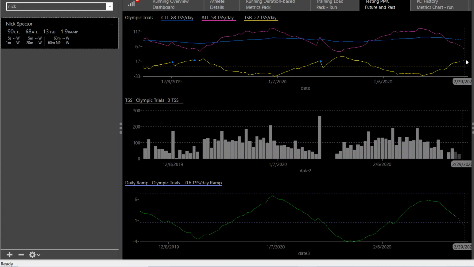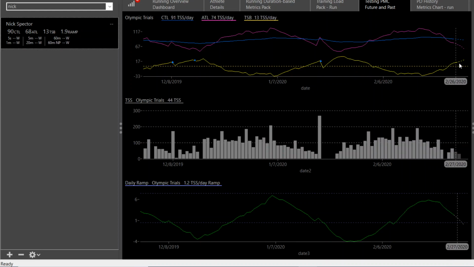So I know what to put in terms of the plan, because the tapers are all about the same. I know what TSS he gets for each part of the taper. So I'm able to put that in and project what it will be, both in terms of the TSB and the ramp rate on race day.